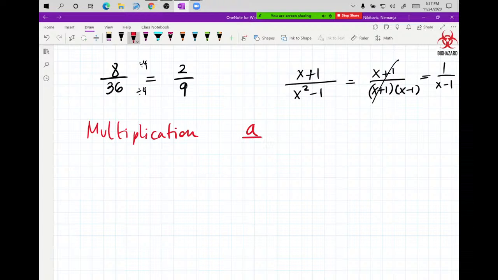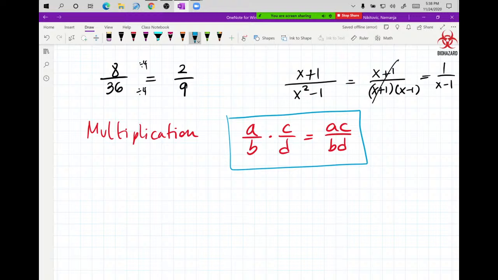Multiplication is done across. So all you need to do is to multiply the numbers on top, multiply numbers on the bottom, and you are done. So yeah, that's all nice, right? But if you can reduce your fractions, then you have less work to do.